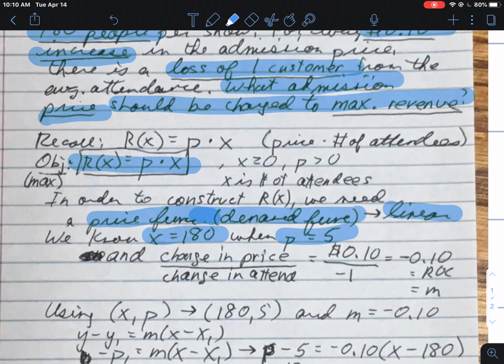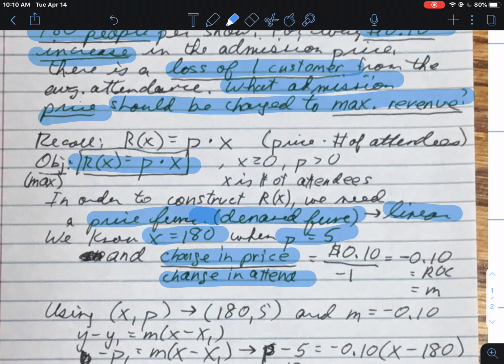We also know that there's a rate of change in the demand for the tickets. That if we change the price by 10 cents, there was a decrease in the number of attendees. So that's a rate of change in our demand. Our demand goes down when the price goes up. So an increase of 10 cents per ticket gives us a decrease of 1 in attendees.